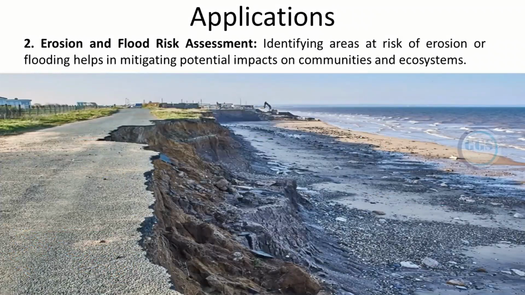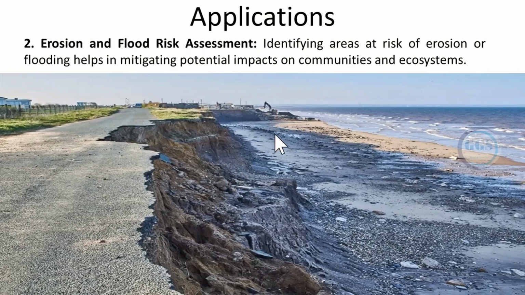Then the next application is erosion and flood risk assessment. Identifying areas at risk of erosion or flood helps in mitigating potential impact on communities and ecosystems. If you look at this very image, you can see that as the shoreline changes, studying it helps in identifying areas that are prone to erosion.